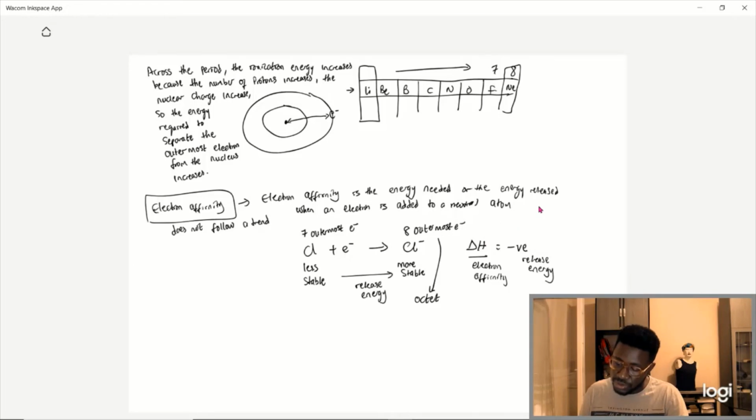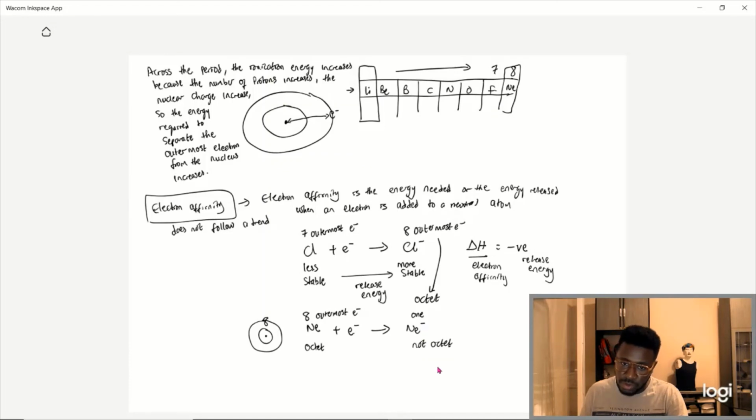But if you're going for group 8 here, the noble gases, and you're trying to add an electron to it, this is already octet, and this is not octet, because this has 8 outermost electrons already.